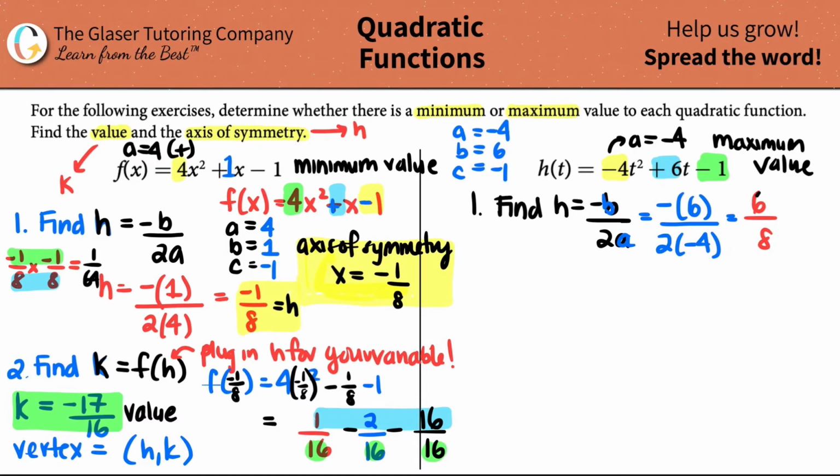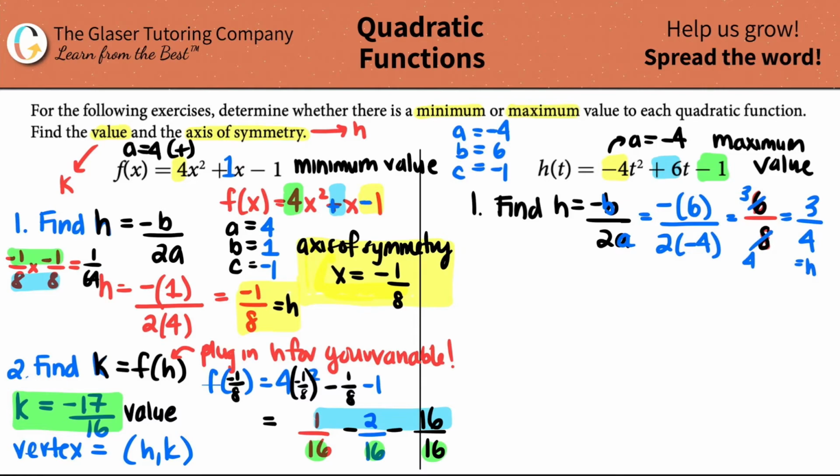And let's see, is there any number common between 6 and 8? Yeah, I could divide both by 2. 2 times what will get 6? 3. 2 times what will get me 8? 4. That is the simplified number, 3 over 4. And that technically equals h, right? So we'll say equals h.